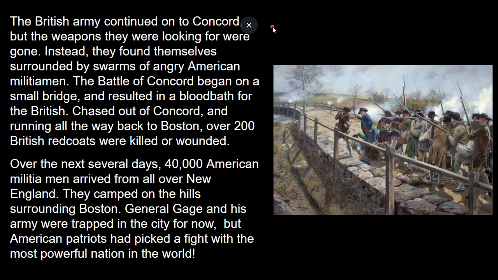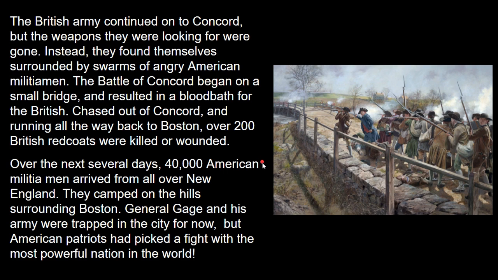The British Army continued on to Concord, but the weapons they were looking for were gone. Instead, they found themselves surrounded by swarms of angry American militiamen. The Battle of Concord began on a small bridge and resulted in a bloodbath for the British. Chased out of Concord and running all the way back to Boston, over 200 British redcoats were killed or wounded.